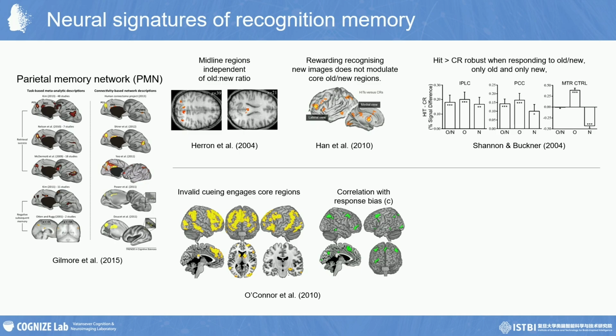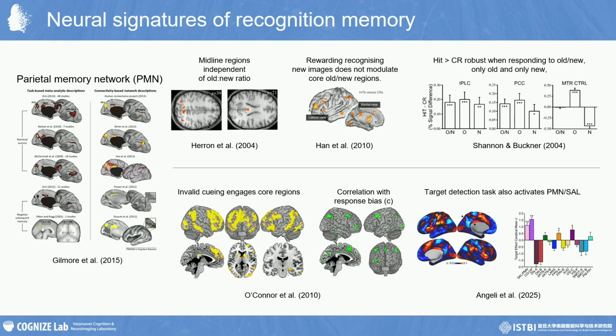Relatedly, in participants that show a stricter response bias, we also find stronger retrieval success effects. And the whole network, and even a slightly more extended one, is also activated in a really simple target detection task that has very minimal memory requirements, which does suggest there might be something that goes beyond pure memory retrieval, and that's what we're trying to find out.